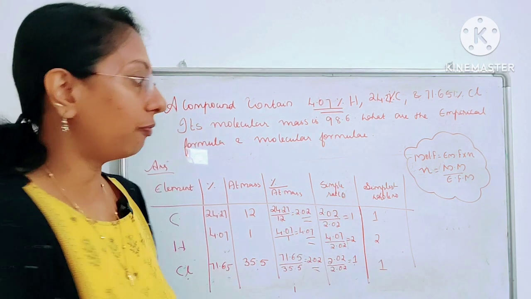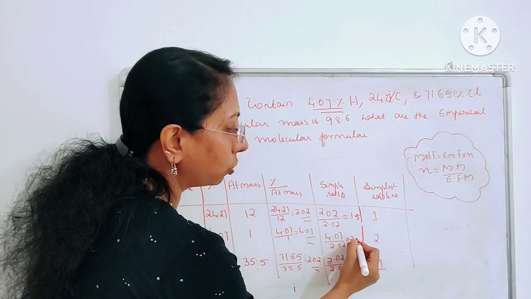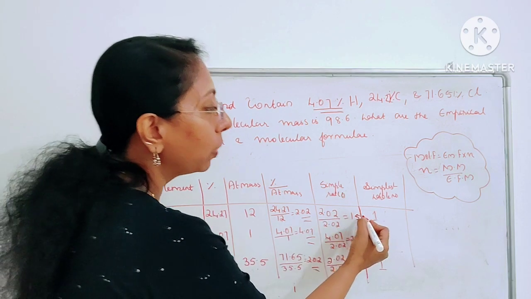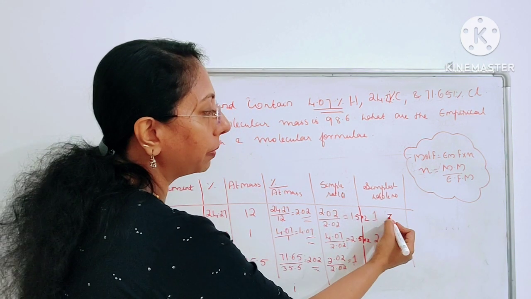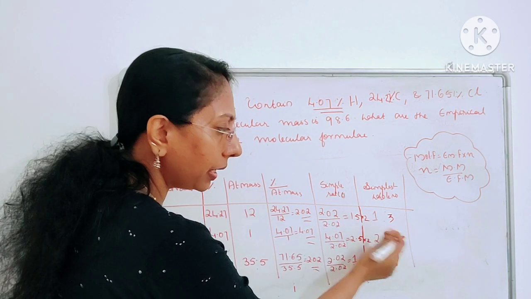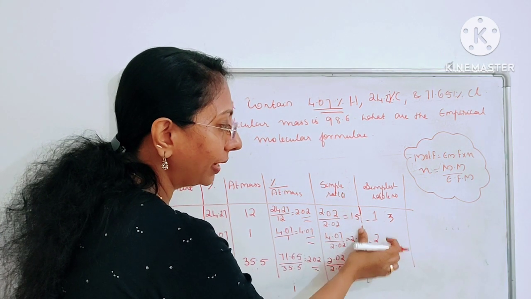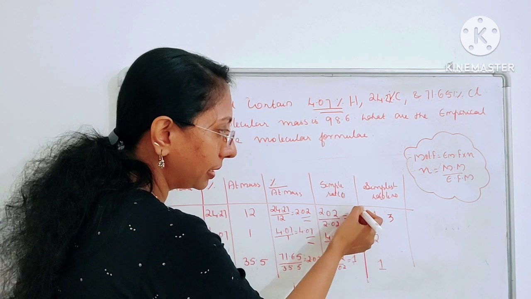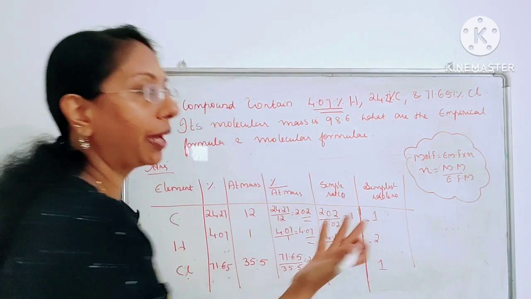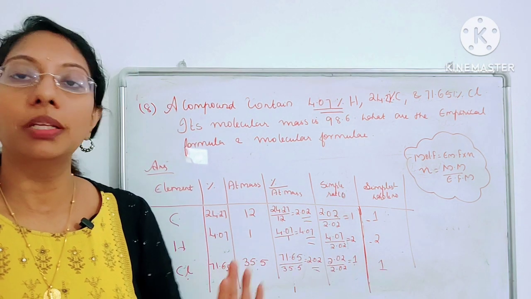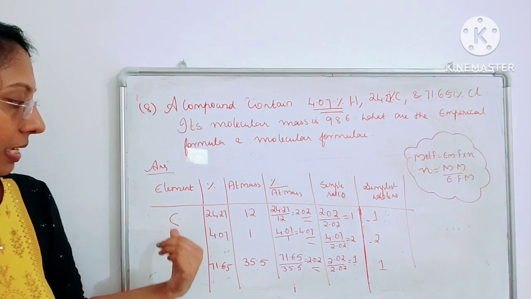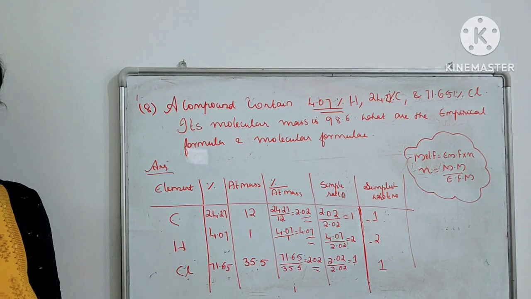In some cases, if we get 1.5 or 2.5, we have to multiply them by 2 to make them whole numbers. Here we already have whole numbers, so we just copy down 1, 2, 1. Now we got carbon 1, hydrogen 2 and chlorine 1.